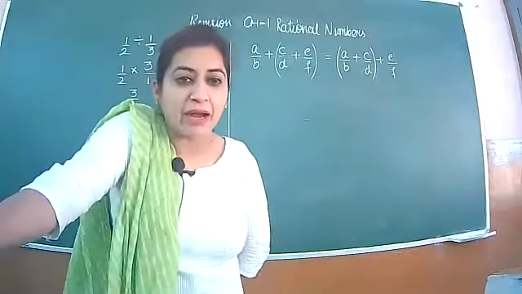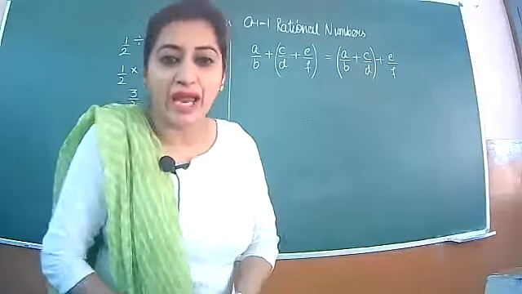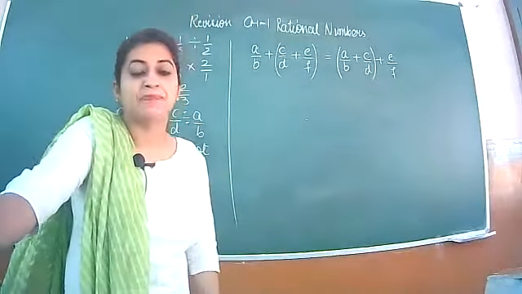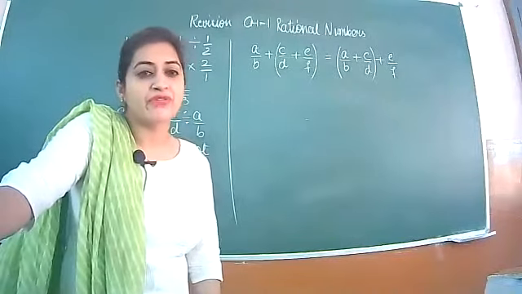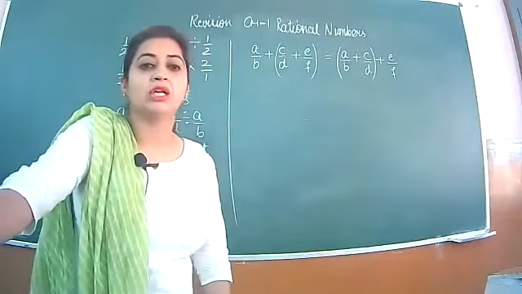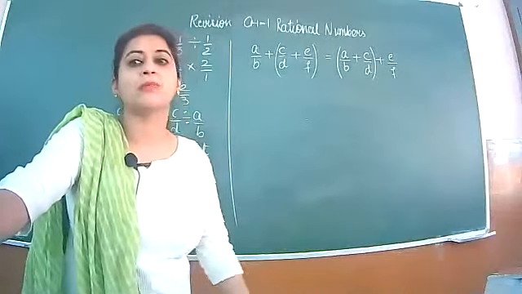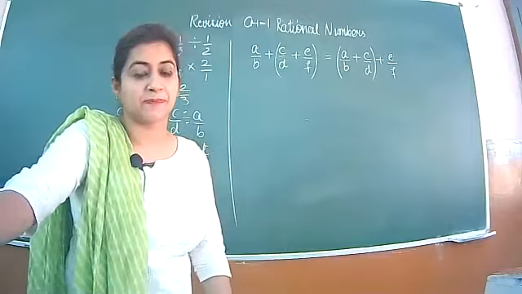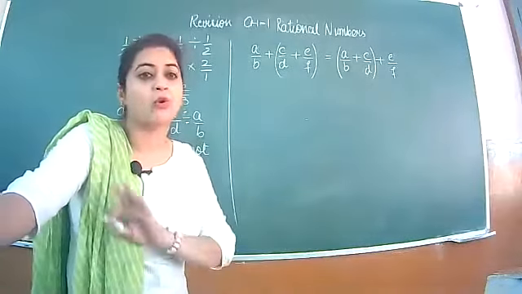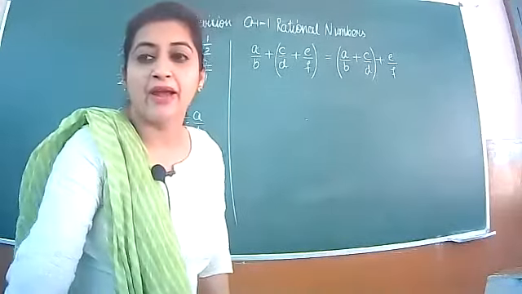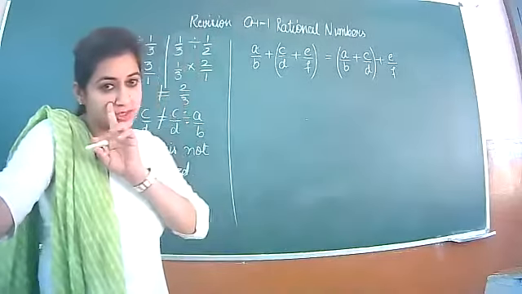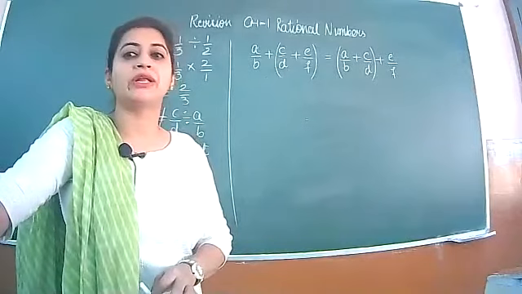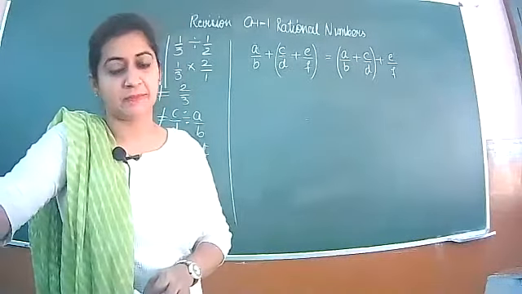Just keep this in mind that for addition and for multiplication, all the properties will be satisfied. But for division and subtraction, only closure property holds, the rest of the properties will fail. Closure property holds for all the operations, but commutative and associative property hold for addition and multiplication, but don't hold in case of subtraction and division.